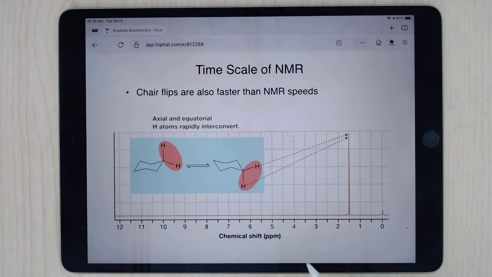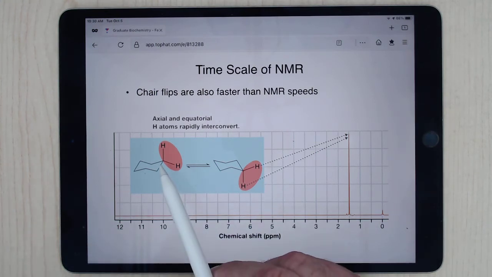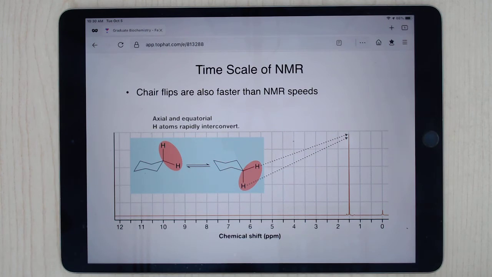Now, this can actually become important if you're looking at something like a cyclohexane, where even though they're on the same carbon, they are chemically distinct, in a way, axial versus equatorial. But the problem is that these two are flipping back and forth so quickly that they blur out.